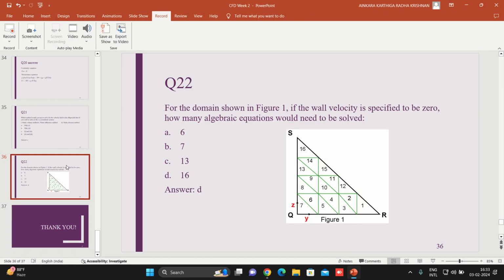Like in the assignment problems, mostly for the triangular duct, it would be an application based question as I remember. So you just need to solve similar to what is taught in the lecture. On the basis of that application, if you put the equations and solve, the answer can be found.